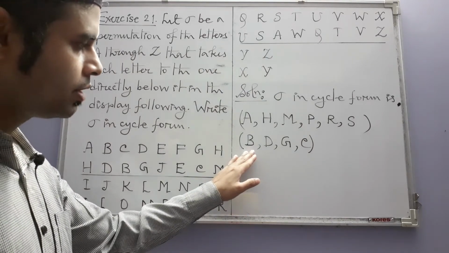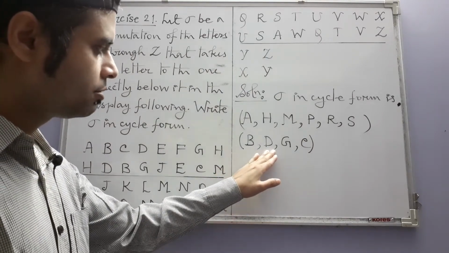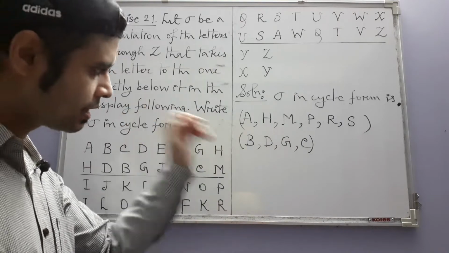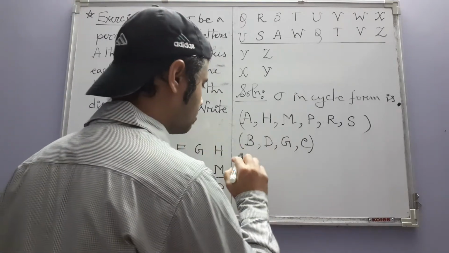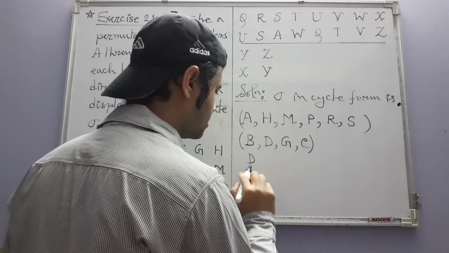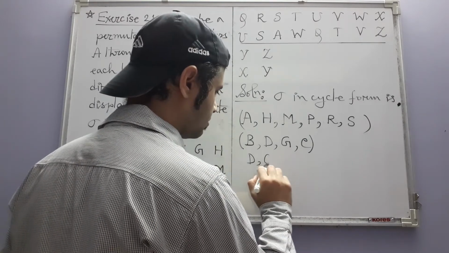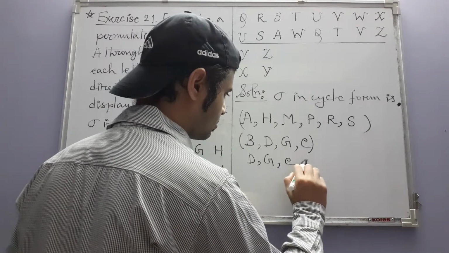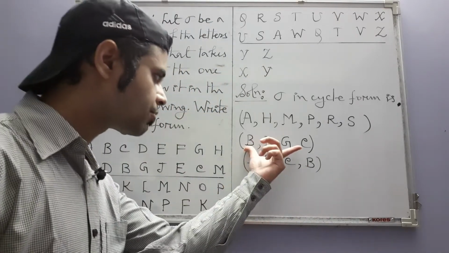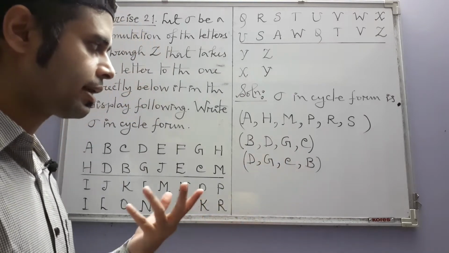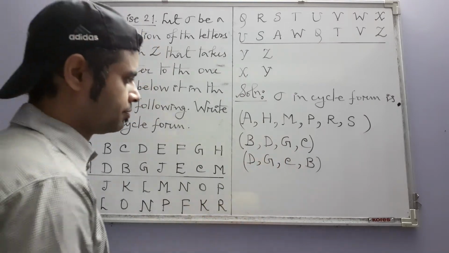Now what would have happened if you started this same thing with D? Actually nothing will change. What you will then get in place of this 4 cycle is this 4 cycle. But note that these two 4 cycles are actually the same permutation.